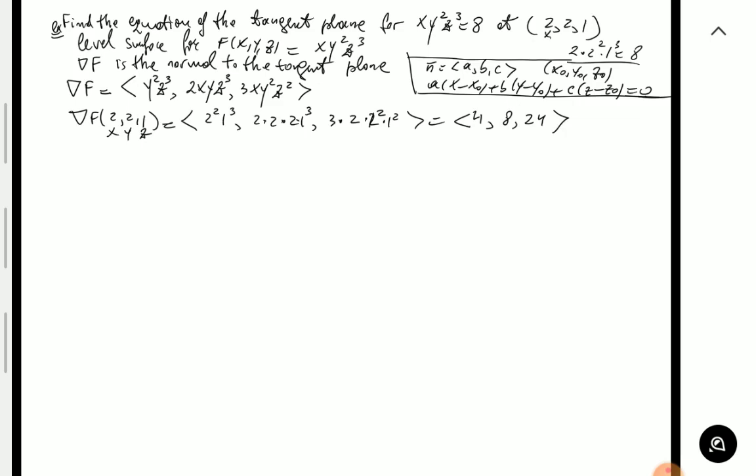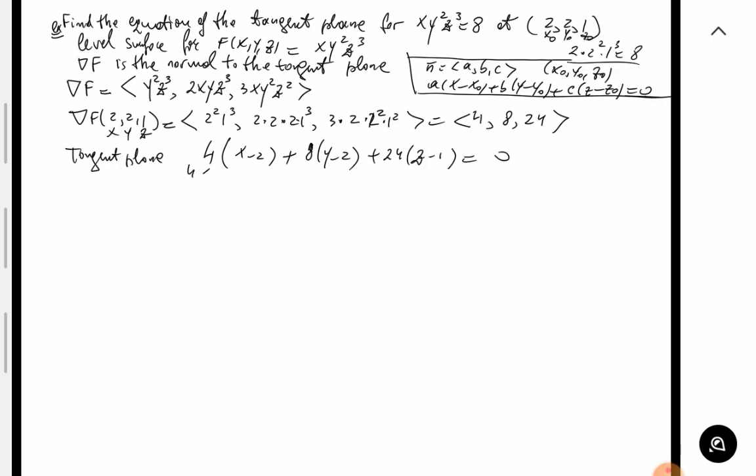x naught, y naught, z naught is the point in question, 2, 2, 1. So the tangent plane is going to be 4 times quantity x minus 2, plus 8 times quantity y minus 2, plus 24 times z minus 1 equals 0.